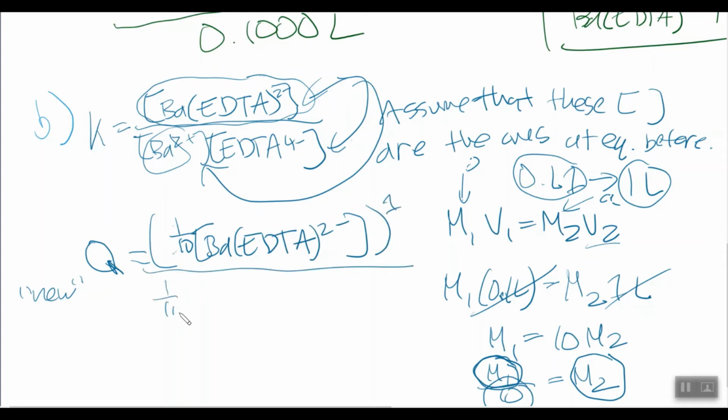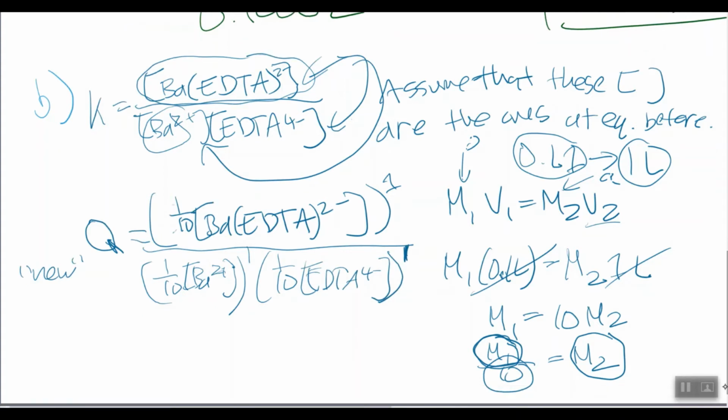And same thing happens to the barium 2 plus, and it's taken to the first power once again. And let's do that one last time for the EDTA 4 minus, because by diluting the solution, we essentially multiplied all our concentrations by 1/10.